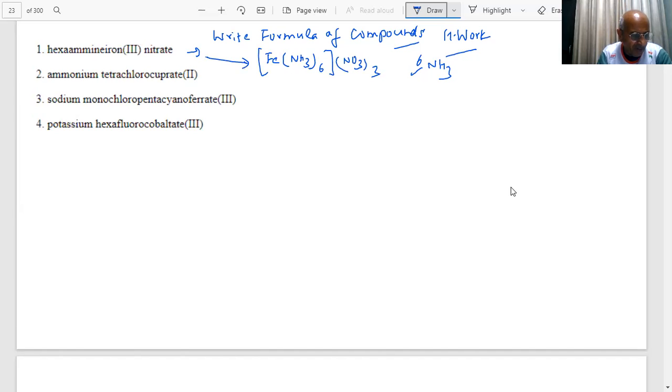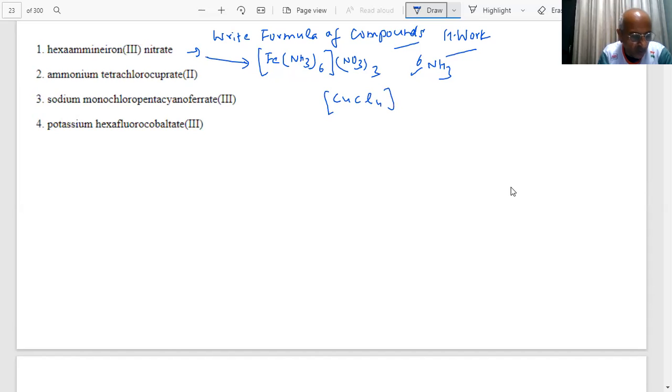Therefore, students, we can write the formulas of these compounds. We have to learn all these things: how do we write the formulas of the compounds? Here, ammonium is a cation, so it will be written first. Tetrachlorocuprate. Copper is in 2 oxidation state. That means it is CuCl4, student.